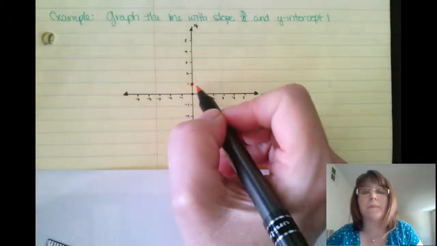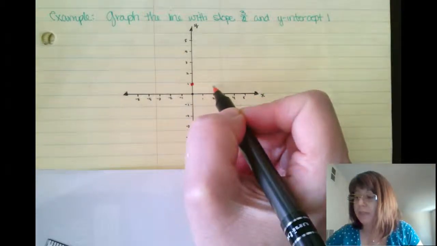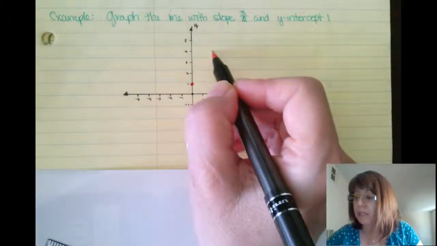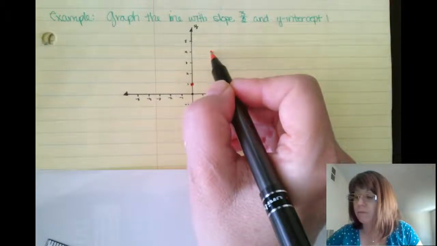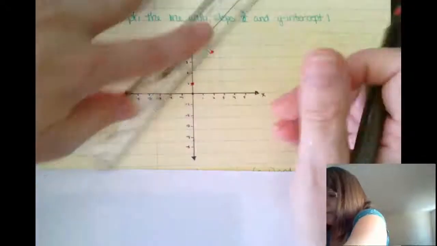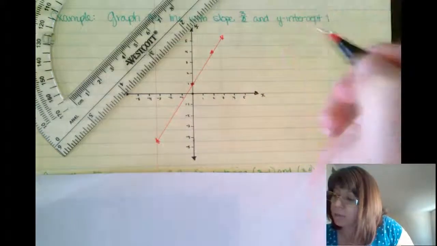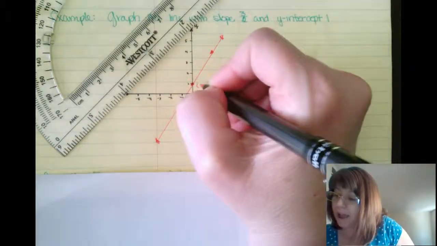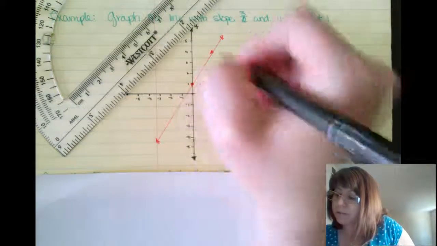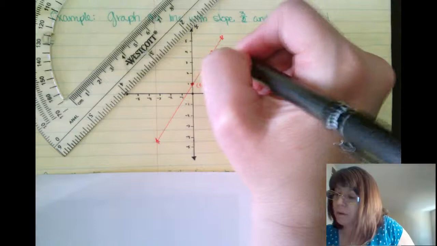And now, from that point, I'm going to move 2 to the right and 3 up, giving me 2, 4. And now that I have my 2 points, connect my points. And I just want to make sure that I'm labeling my graph. And this one was 2, 4.